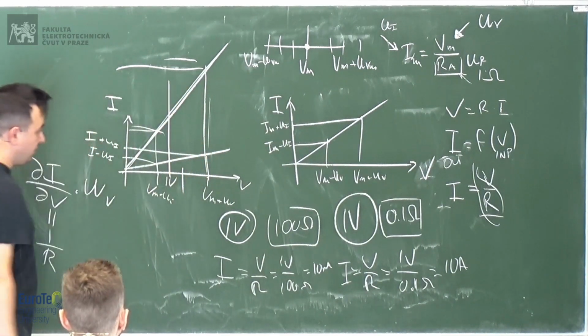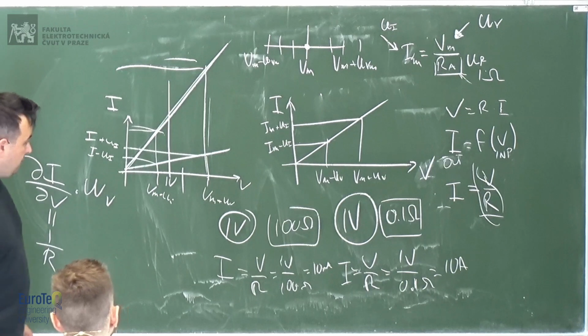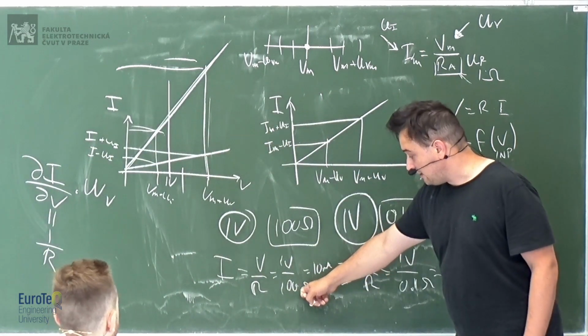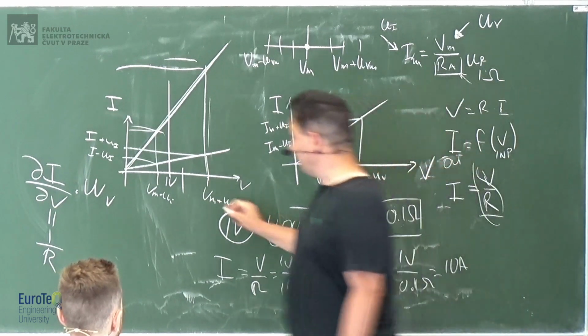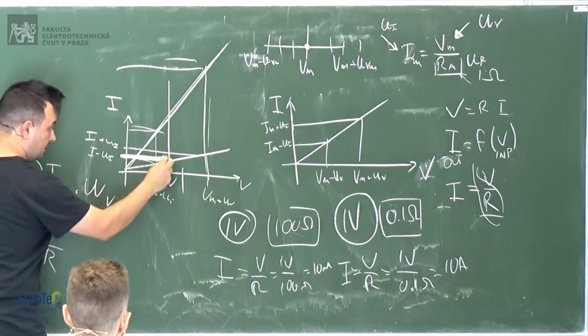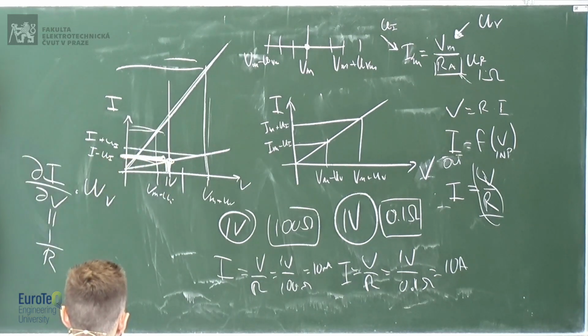So for the same voltage, say I have 1 volt here. If I have a large resistance, it means that I have a small current.